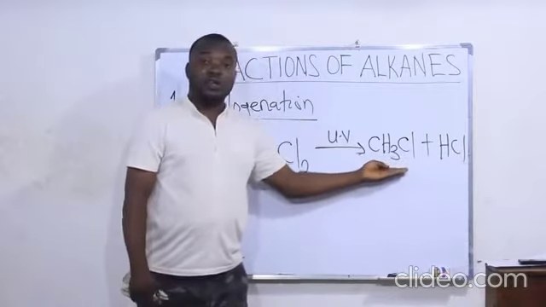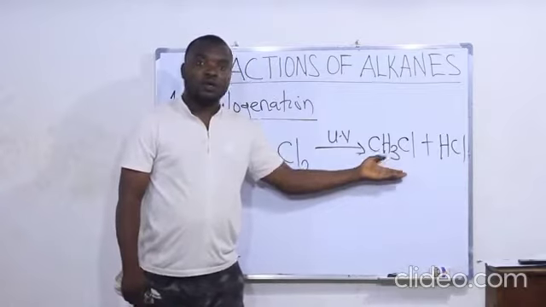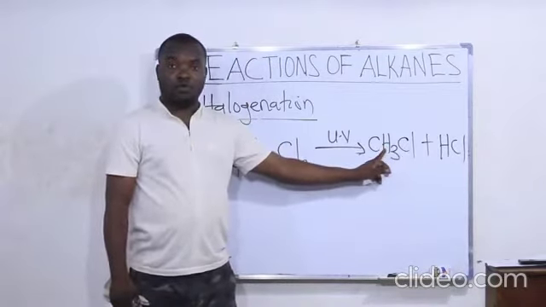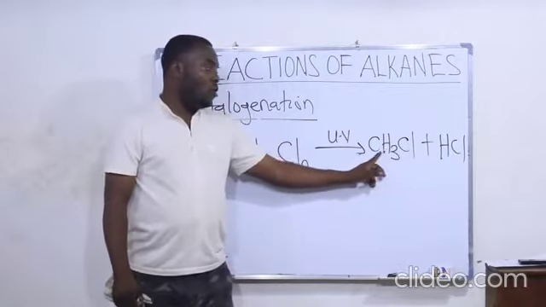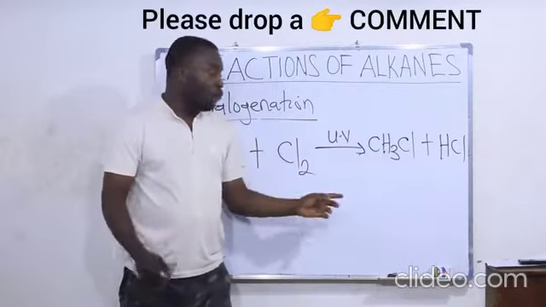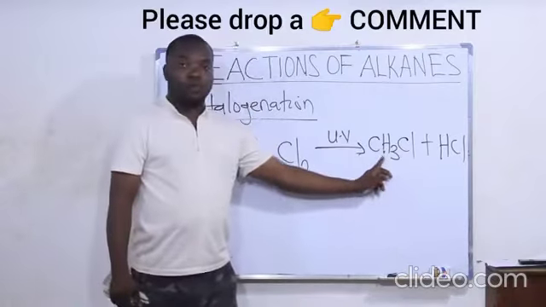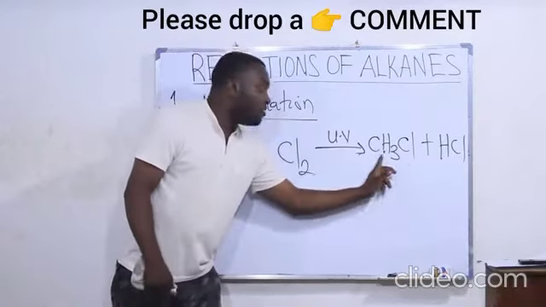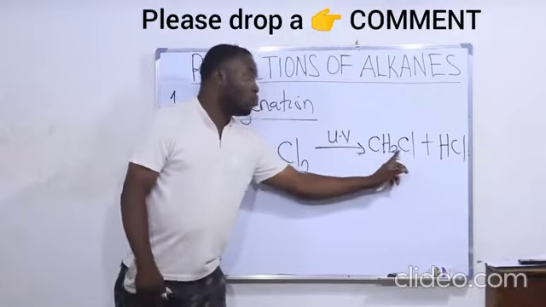What is a haloalkane? A haloalkane is a compound that is made up of a halogen and an alkane, an alkyl group. This is a haloalkane. If I want to call the full name, I will call it chloromethane, or I will call it methyl chloride.